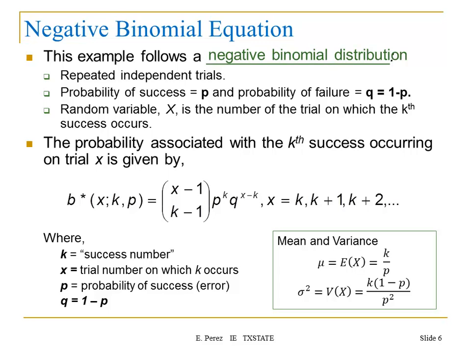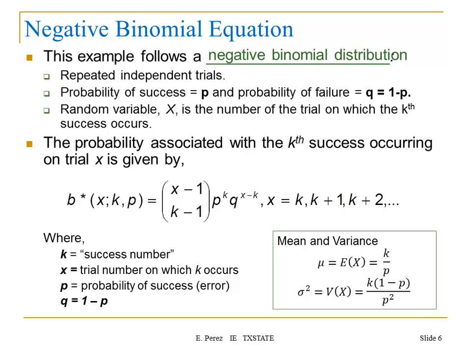Again, we want to understand what random variable we are using. For the negative binomial, we use X, which is the number of trials on which the k-th success occurs. The probability of the k-th success occurring on trial X is given by this expression. This expression is similar to the binomial distribution, but now we have some differences.